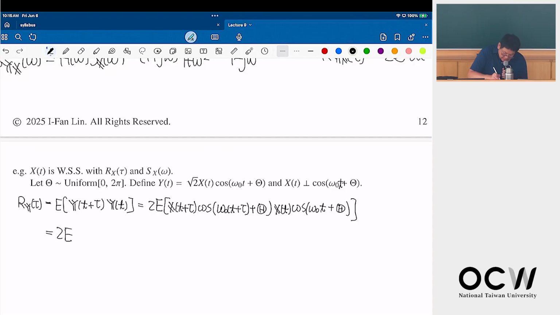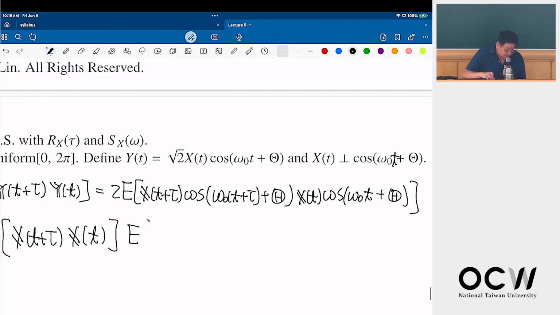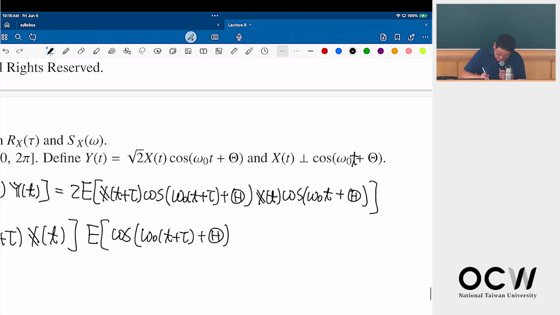Let's simplify that. Since x and this cosine are independent, we have x(t+tau) times x(t), and the rest of the terms related to cosine: cosine(omega naught (t+tau) plus theta) and cosine(omega naught t plus theta).